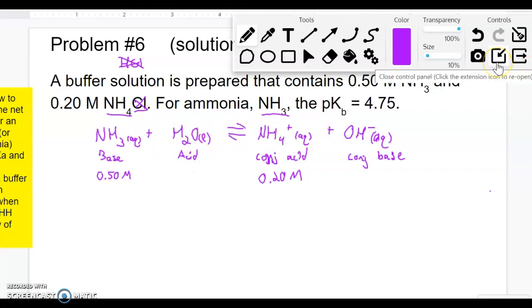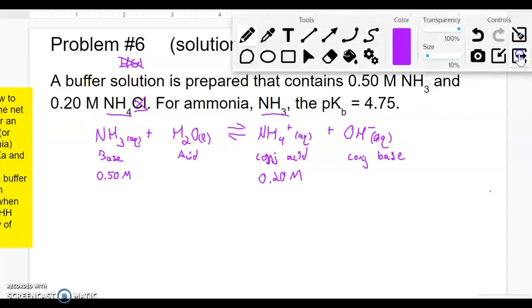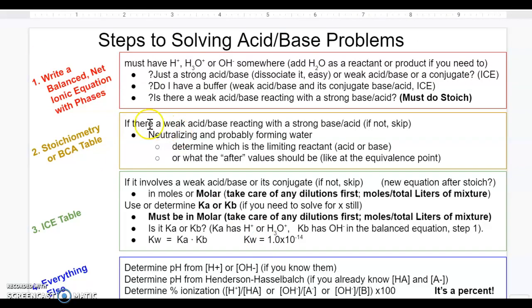If we go back to our scheme of how we work through problems, we wrote out our balanced net ionic equation. With stoichiometry, we don't have a weak acid reacting with a strong acid or base, so we don't do stoichiometry here. But we do have a weak acid base and its conjugate, and we can use an ICE table.